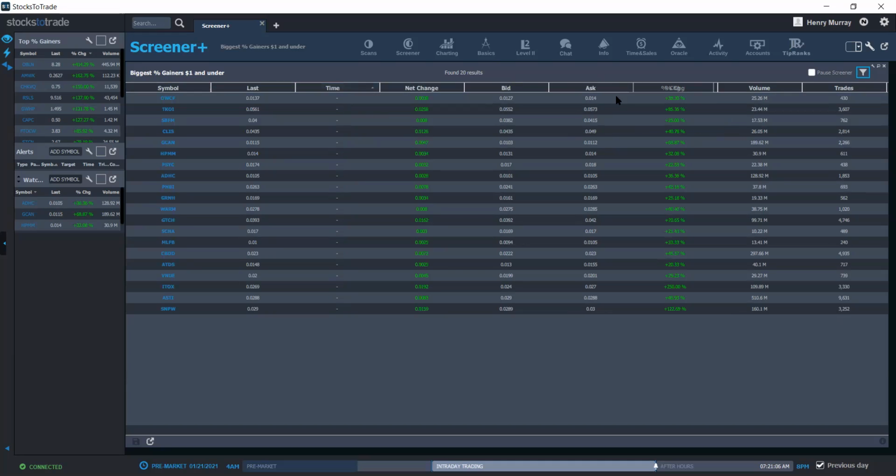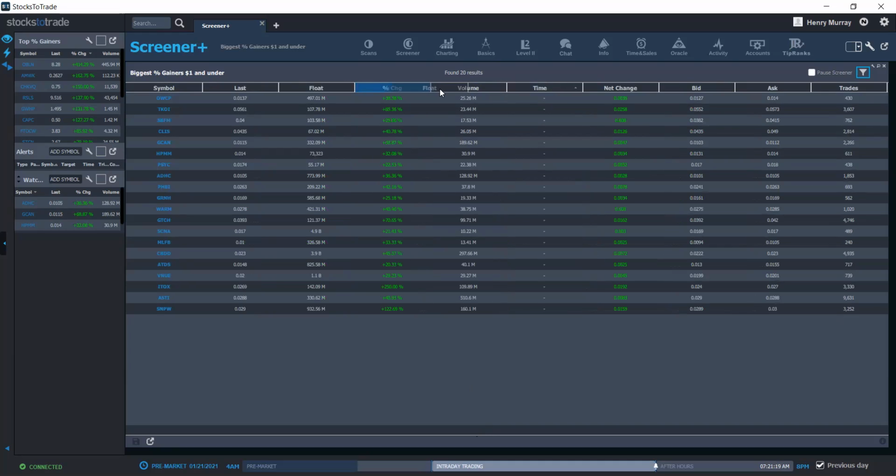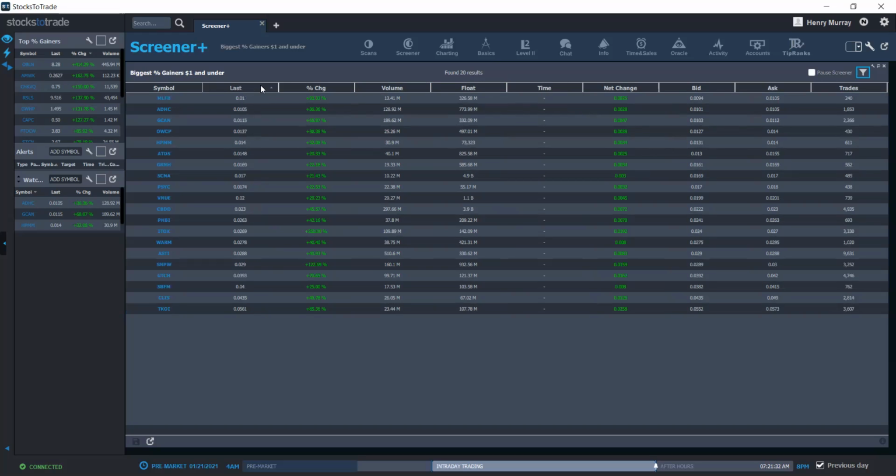Symbol, last price, percentage change, volume, and I'm going to add another column, which is float. And for the price, I'm just gonna arrange from lowest price to highest price. All right. Let's go back to our spreadsheet and see what's the next criteria on that list.